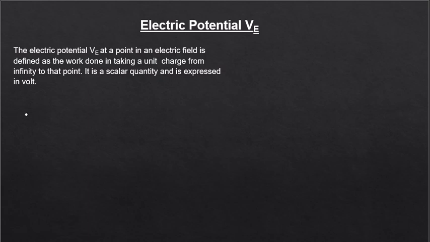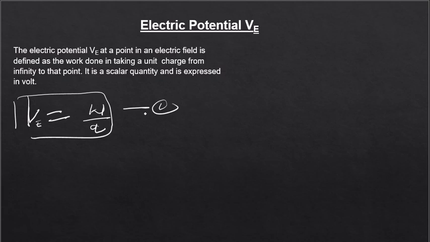So here we are saying VE is equal to work done over a unit charge. So let's make this one of the equations, equation 1. But recall that work done is equal to force multiplied by distance.